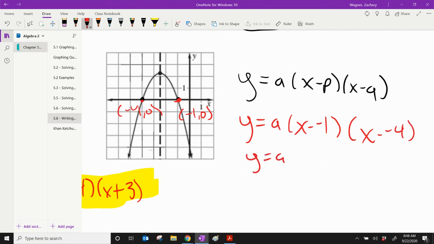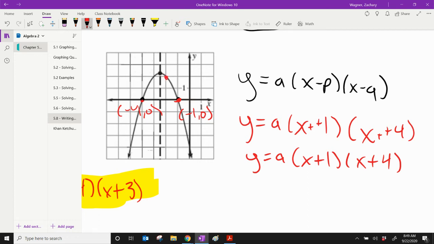What that turns into is a times x plus 1, x plus 4. When you have two negatives in a row, it becomes positive. This point, we need to choose a point. Any quote-unquote nice point that crosses my crosshairs, and use that point to find your a value.